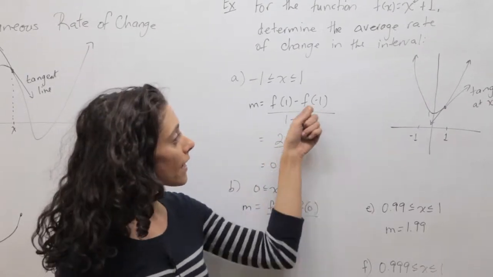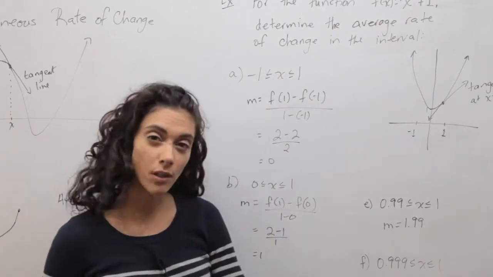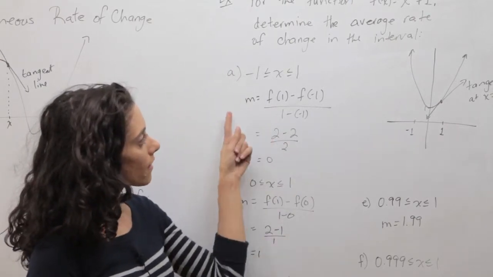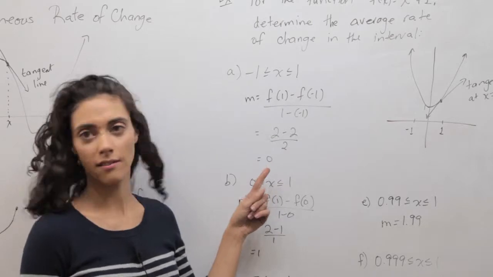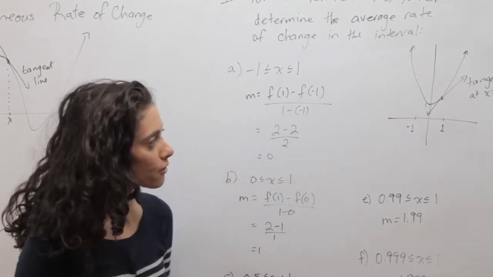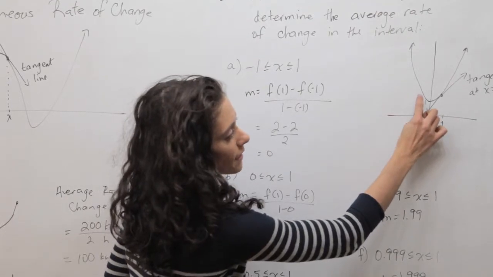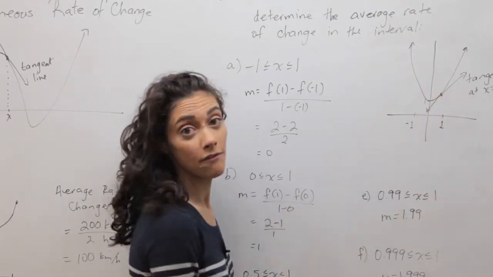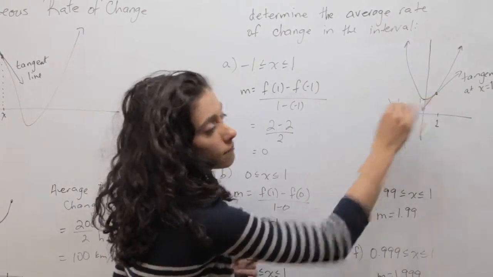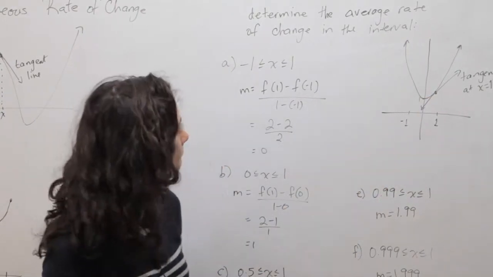And if I plug -1 into the function, that's also equal to 2. So the average rate of change from the points -1 to 1 is actually 0. If we simplify this, 2 minus 2, 0, over 2 is 0. If I drew my secant line connecting those points, you can see that it would in fact be horizontal because the graph is symmetric. Connecting this point to this one, my secant line has a slope of 0.